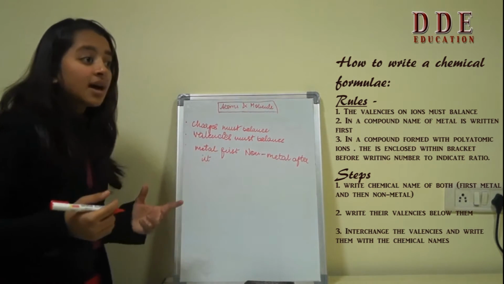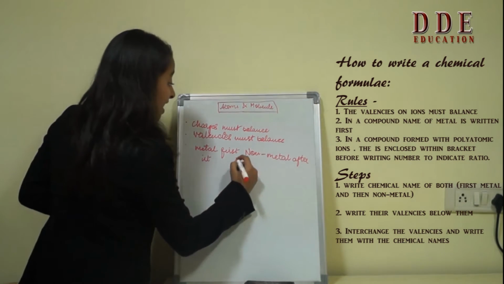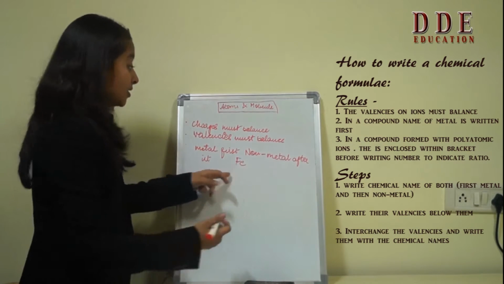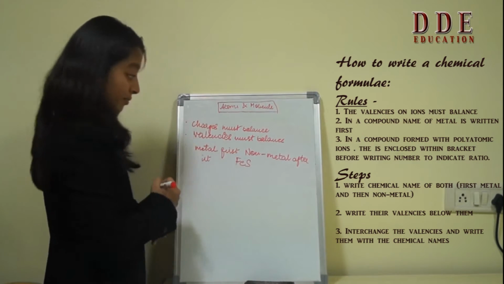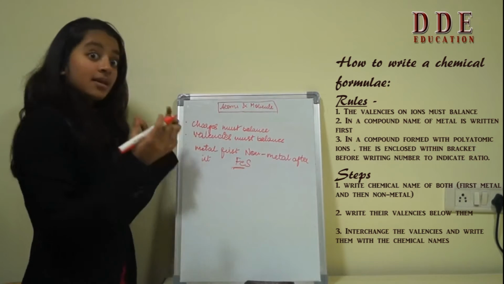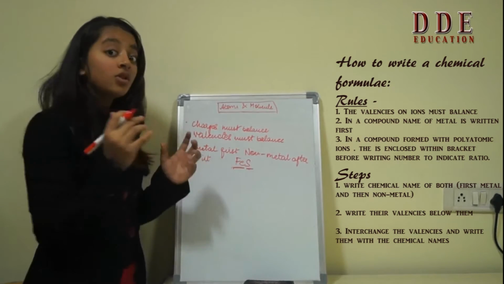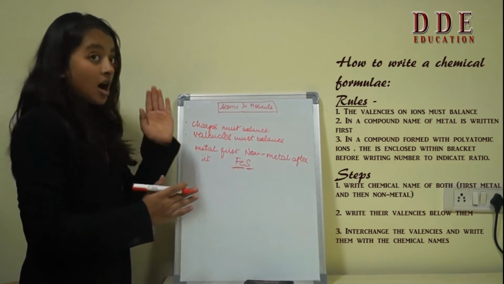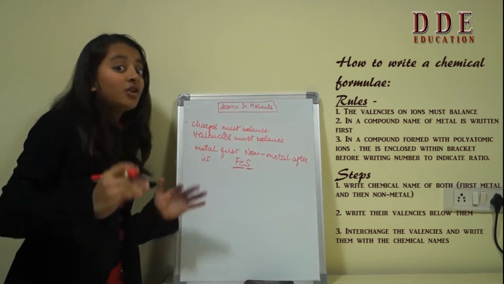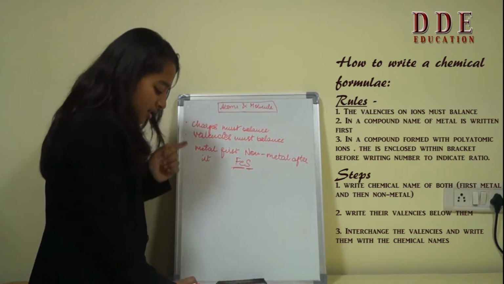Let us take an example of FeS, that is iron and sulfur. Iron is a metal and sulfur is a non-metal. That is why iron is written first and sulfur afterwards. Now let us go on.